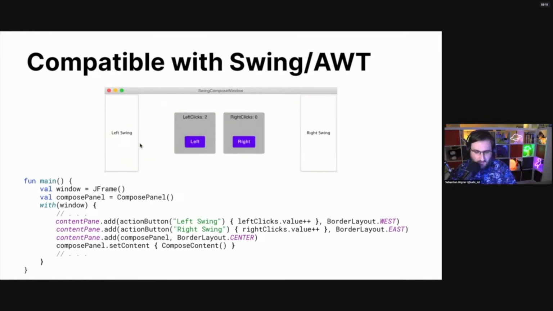So this is, again, useful. For example, if you're a company like JetBrains, who has built a lot of IDEs on top of Swing and maybe wants to try something new at a certain point, this might certainly be one way that we could look at this. But you might be in a similar situation.